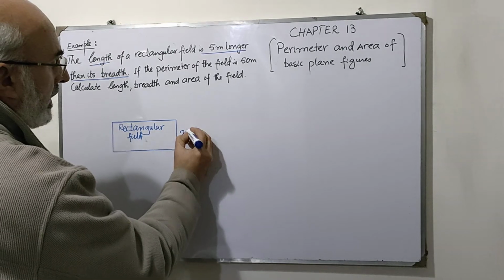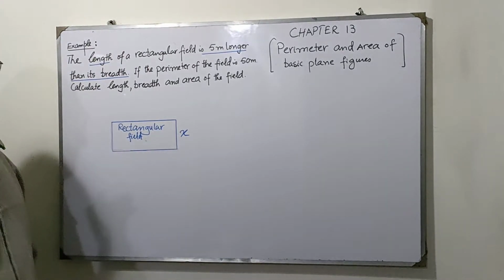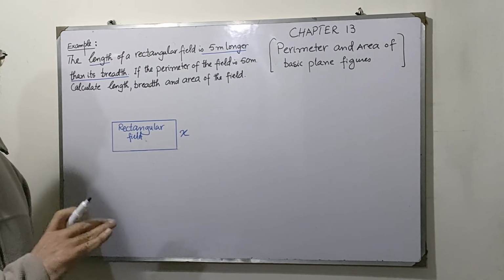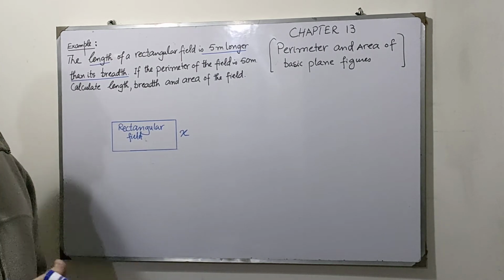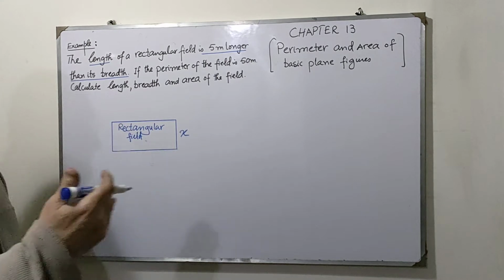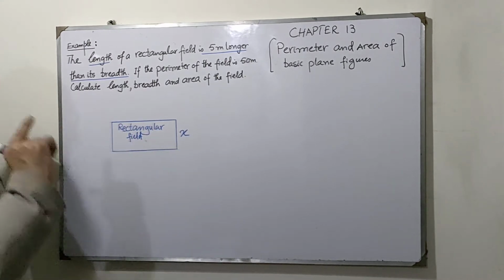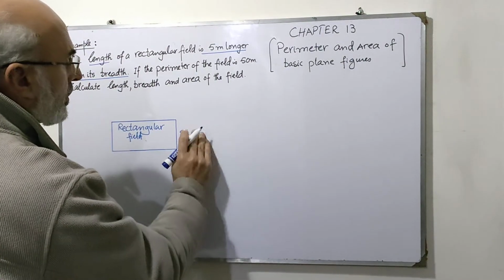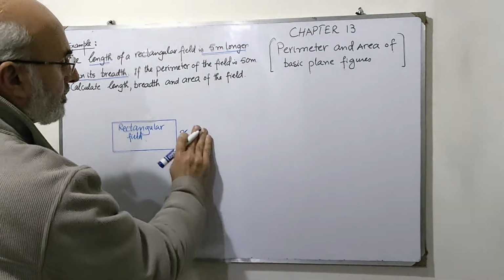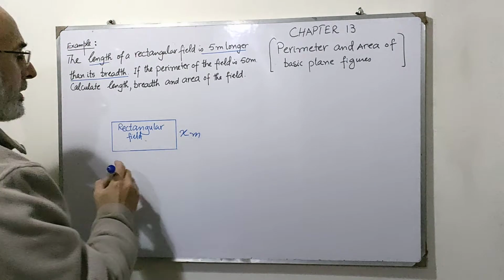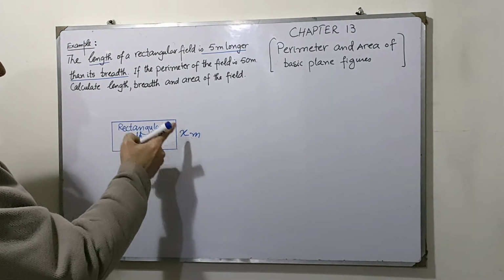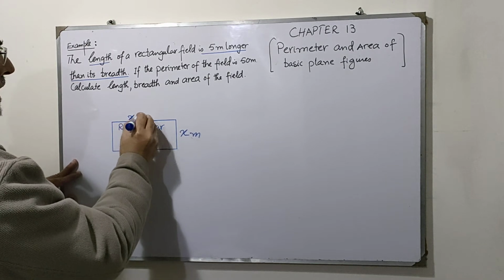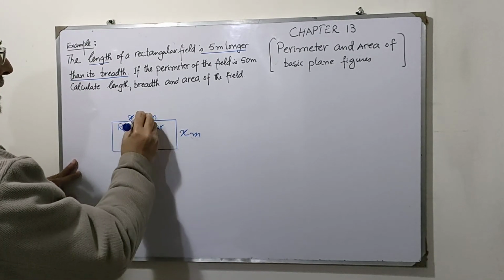We are assuming the breadth first because the length is dependent on the breadth. So the breadth is x meters, because it is in meters, and then the length is automatically x plus 5 meters.